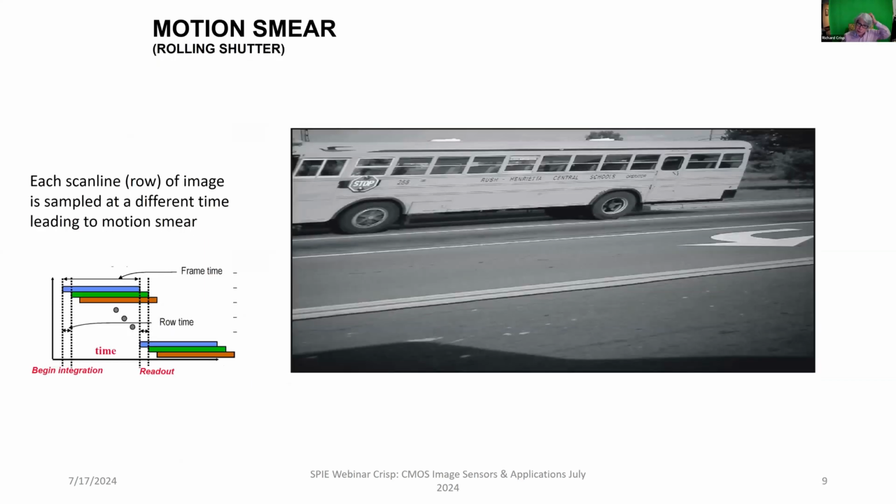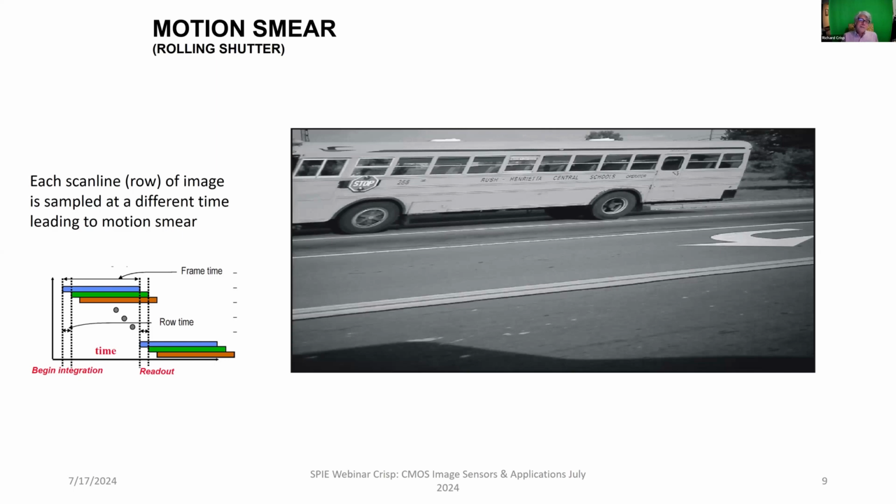This is an example of the type of distortion that you get. You see the bus, instead of being straight up and down with right angles on it, the top actually was imaged at a time different than the bottom, and the bus has moved a little bit. So you get this sort of curved effect. And so that's a rolling shutter artifact.